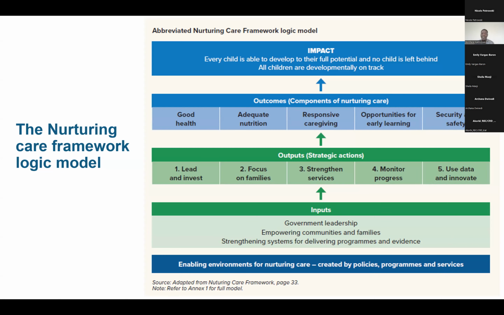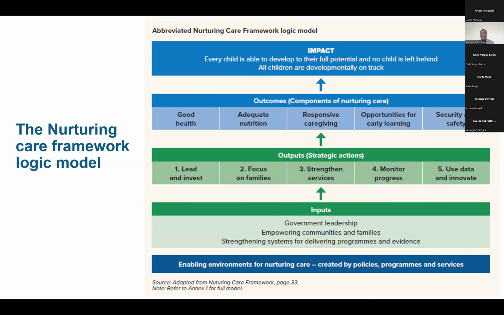And again, communities, because these are the custodians, and the families. Children grow and develop in families, so we also need to have families that are empowered. And the government leadership: in all the countries, we need the government, political will and leadership, the governance systems, so that the program can be well implemented and even designed.